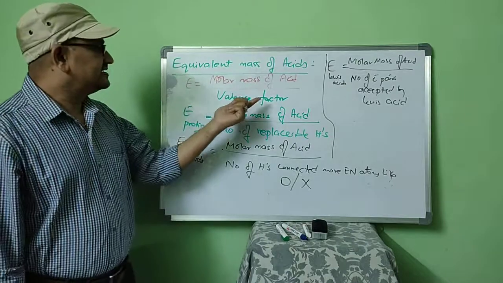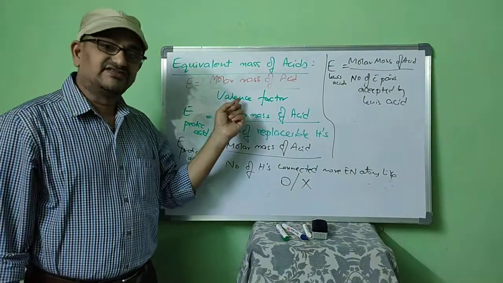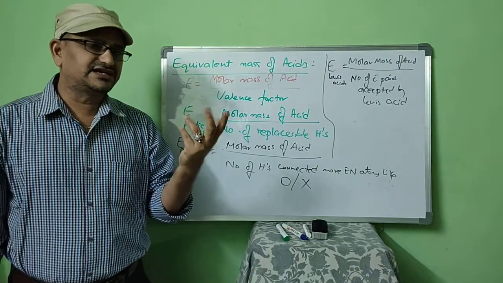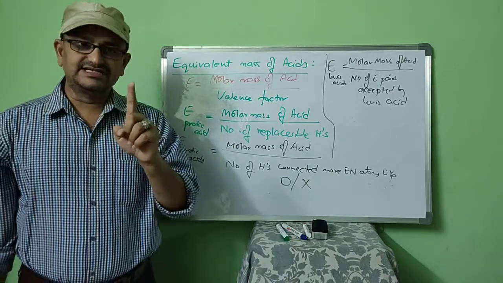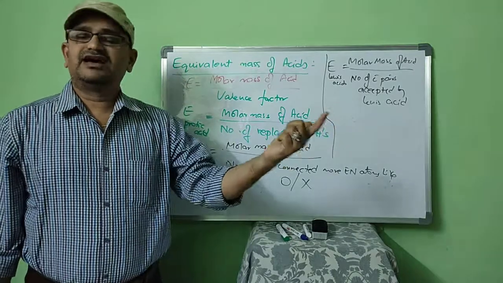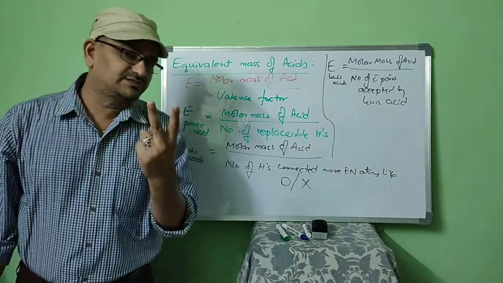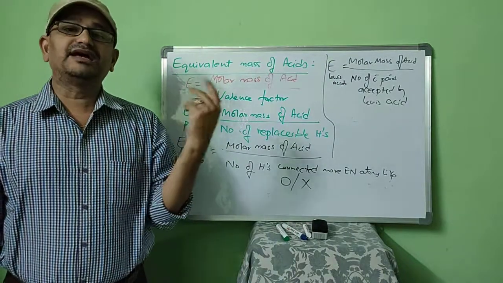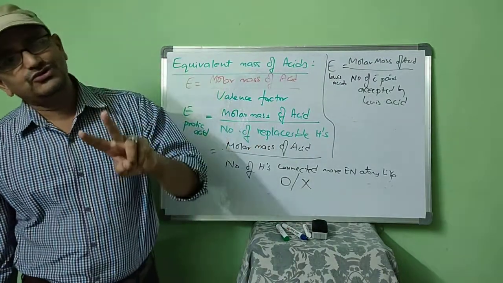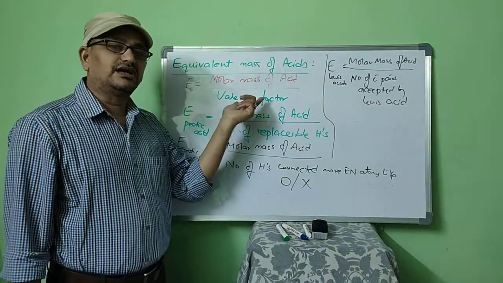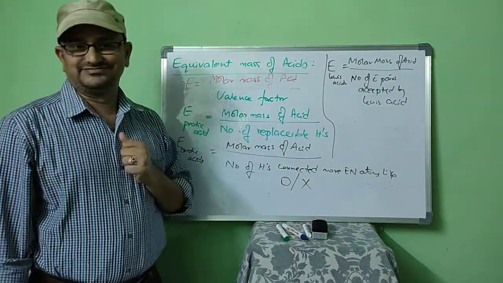It is the factor that is responsible for its valency. Suppose HCl, it can generate how many H+ ions? One H+ ion. It can form a bond with one univalent cation. H2SO4 can generate 2 H+ ions. It can form a bond with a bivalent cation or 2 univalent cations. So this valency factor is the one responsible for its valency.